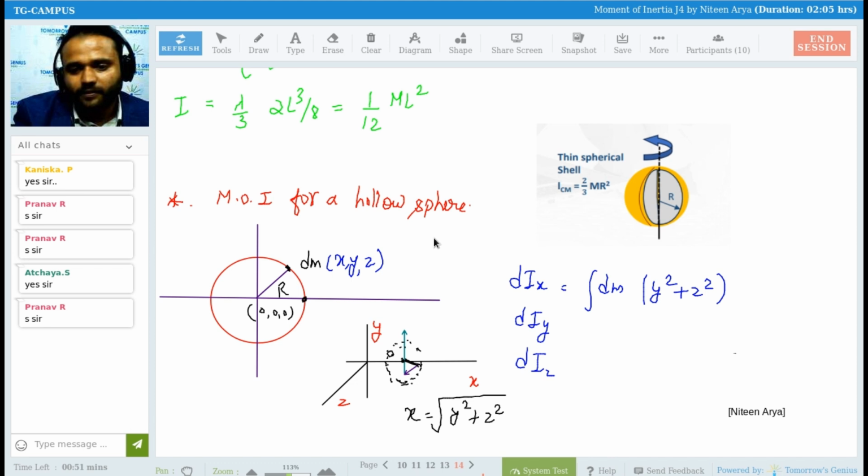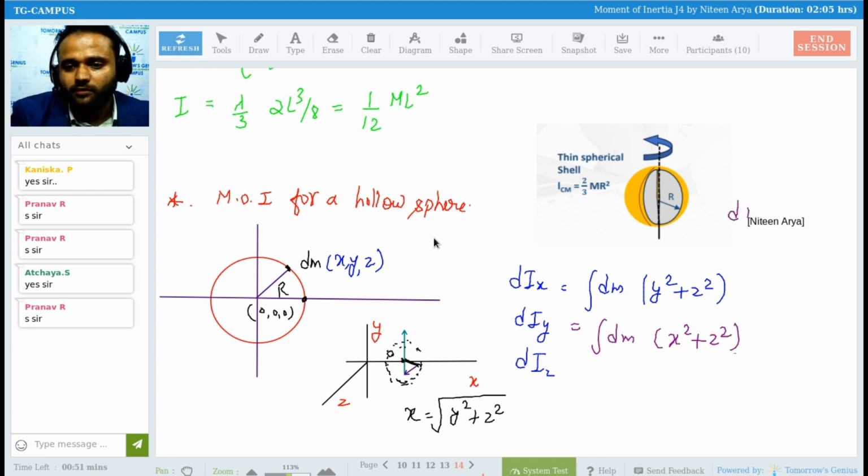In the same way, I can write dIy for y, we have x square plus z square, because dIy is basically y square dm.